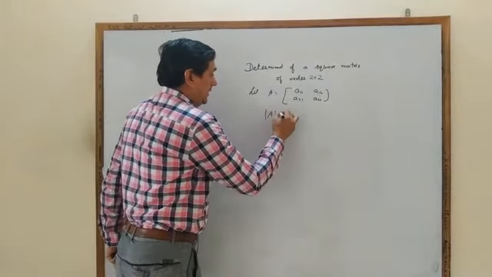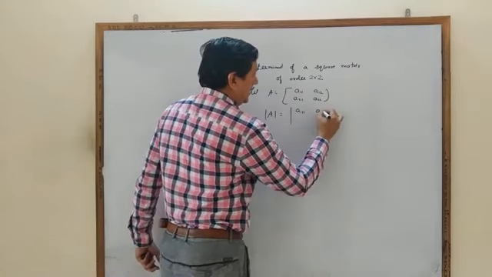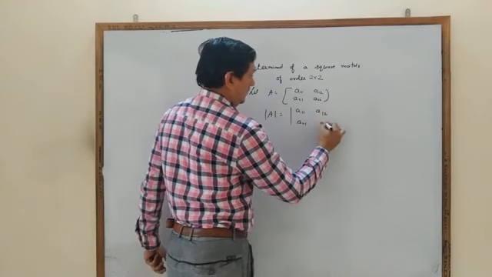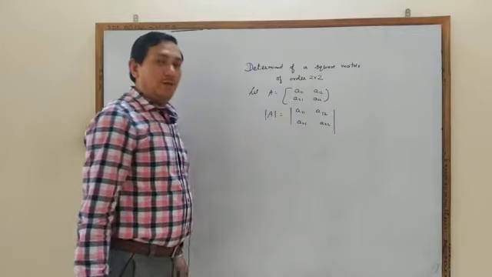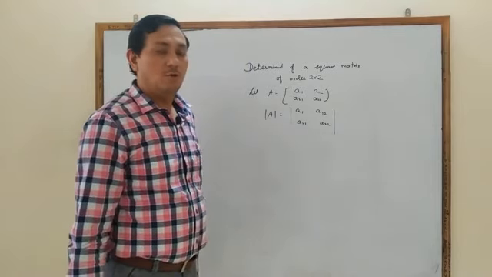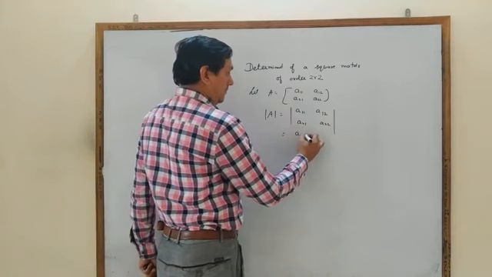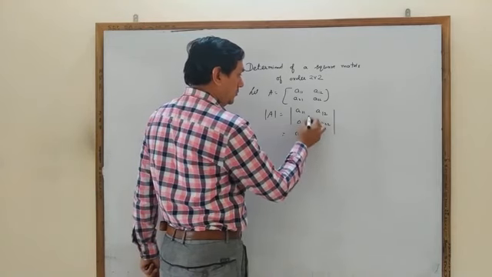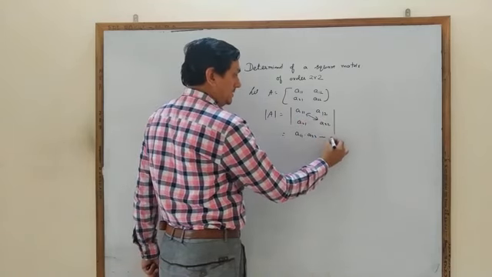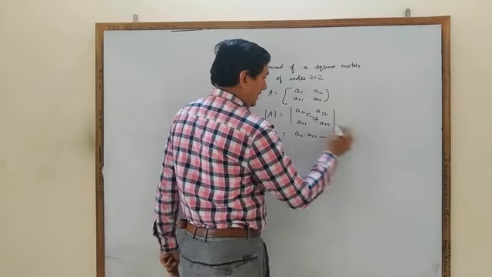Now its determinant, as I have already discussed, is represented by the bars on the left and right side of the name of the matrix, and also on the elements of the square matrix. It is A11 multiplied by A22, you have to multiply diagonally, minus A12 multiplied by A21, again diagonally from down to up in this order.